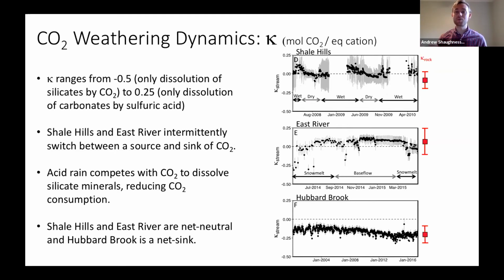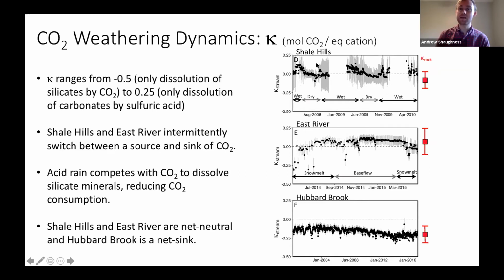I like thinking of it as efficiency, because if kappa is -0.5, you're 100% efficient at drawing down CO2: you're only weathering silicate minerals, and you're only using CO2 to weather them. When kappa is 0.25, you're 100% efficient at releasing CO2: you're only weathering carbonate minerals, and you're only using sulfuric acid to do it. Any other combination of weathering agent and mineral falls somewhere in between those two values.